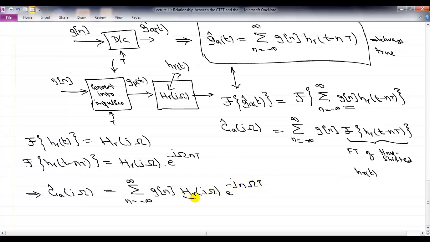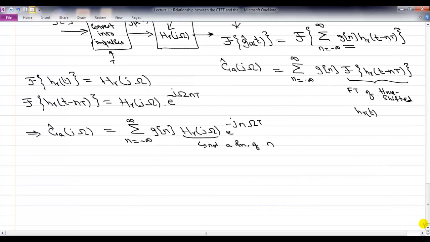Now this HR of j omega is not a function of n, so I can take it outside the summation. So I get HR of j omega times the summation n from minus infinity to infinity of G of n e to the minus j omega T n.